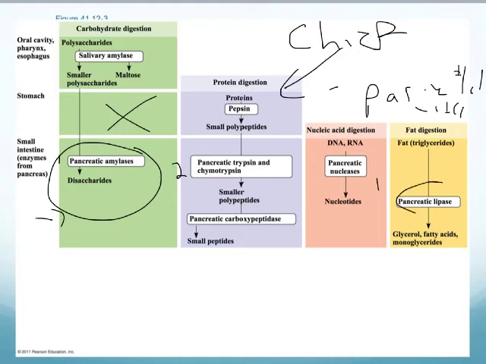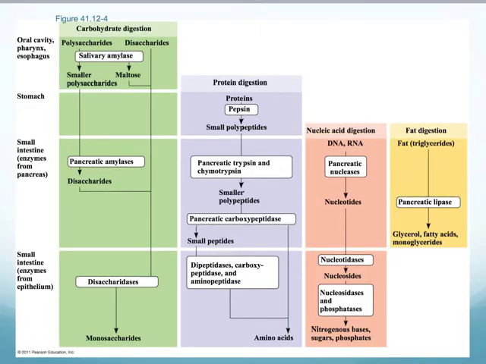And then there's going to be lipase that's going to be provided. Now, the lipase's job is to take those large fats and break them down into the fatty acids themselves and the glycerol. Now, this is going to need help in the small intestine itself. We're going to have to dump something in from the liver to aid in this process. And that's where some of the other accessory glands are going to come into play.